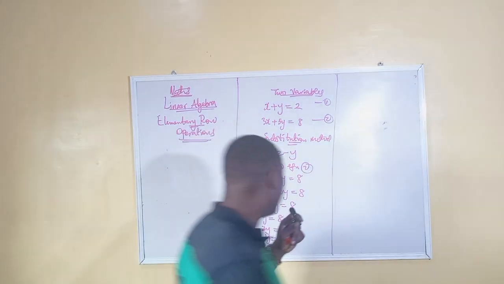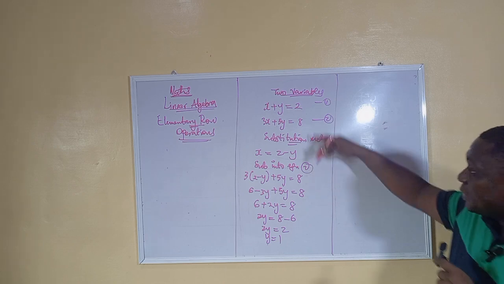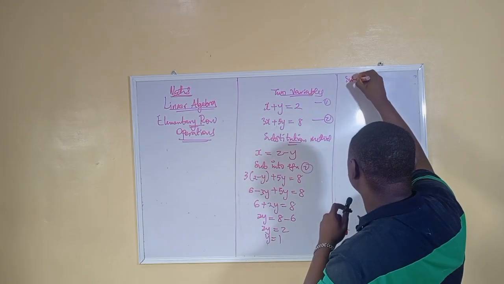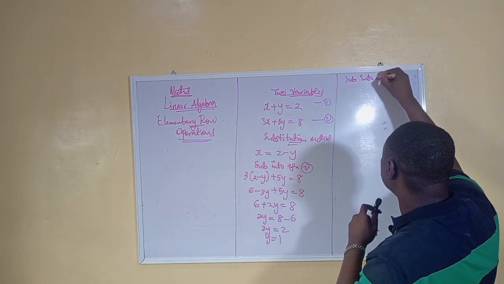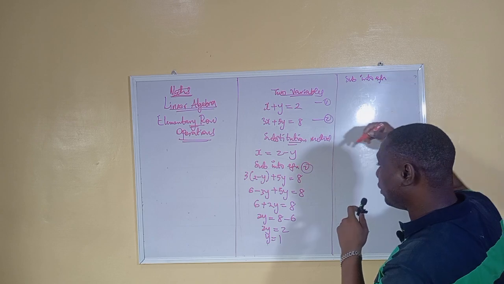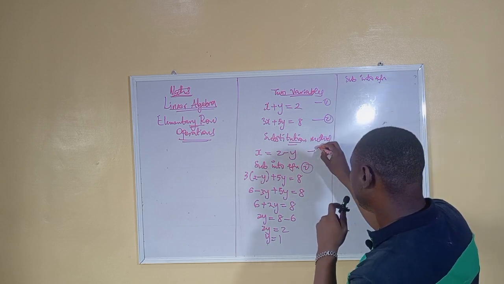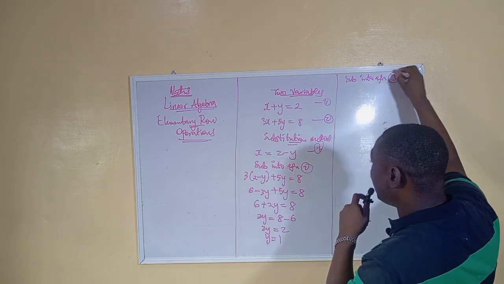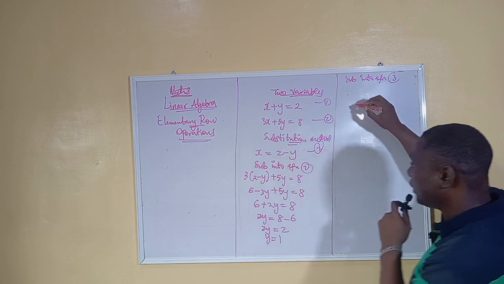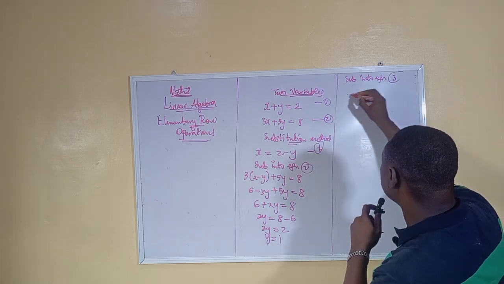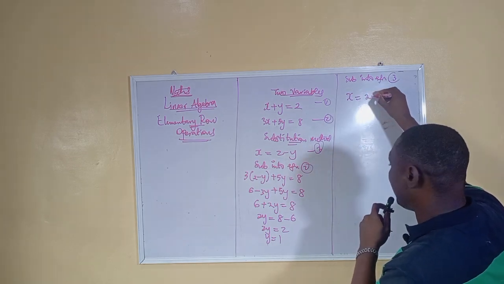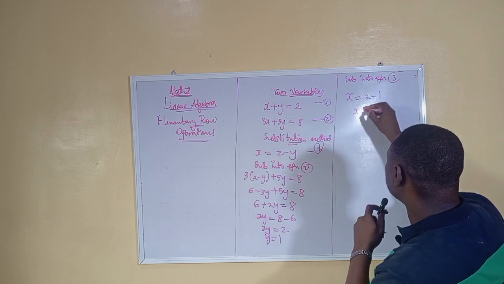So now that we found y to be 1, we can substitute into equation 3 here. So x will be equal to 2 minus 1, and x equals 1.